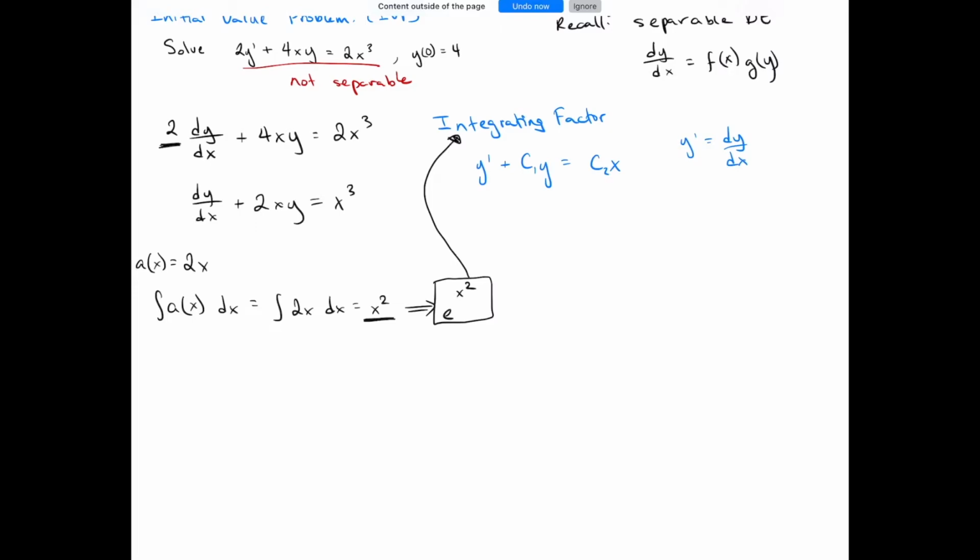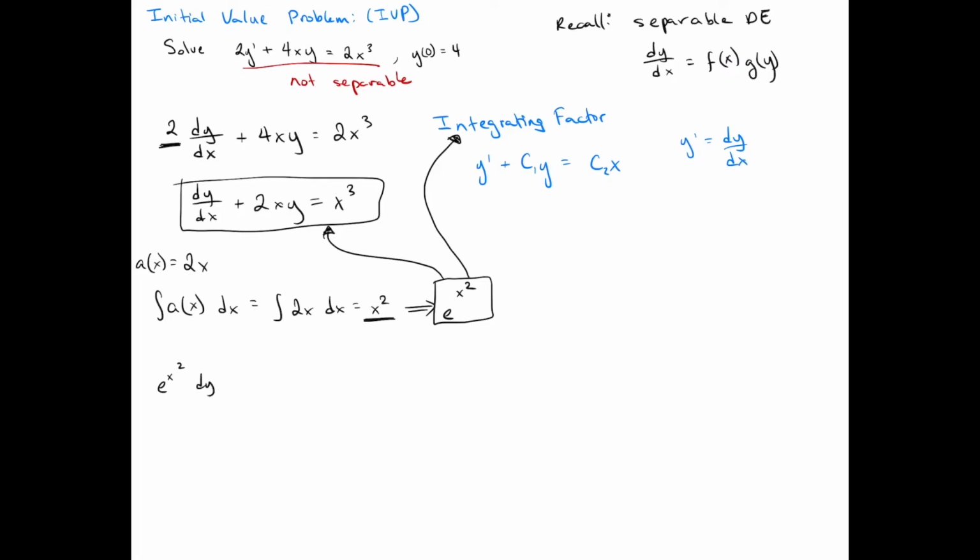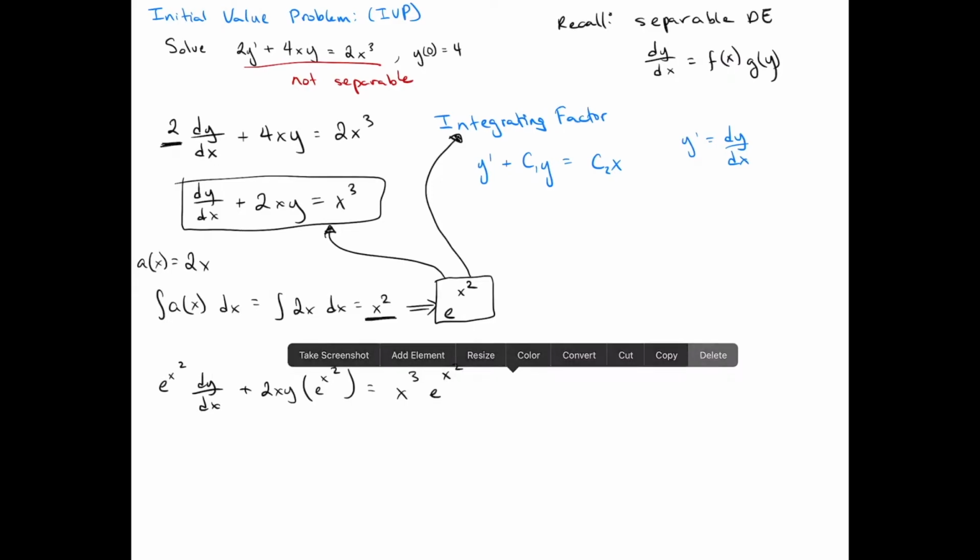Now that we have identified our integrating factor, we multiply it to both sides of the equation. So it becomes e to the x squared times dy dx plus 2xy times e to the x squared, which is equal to x cubed times e to the x squared.